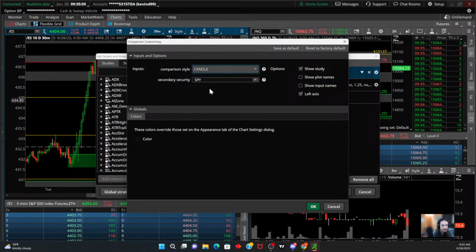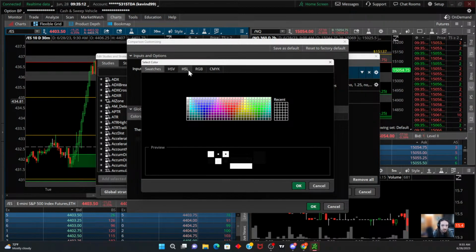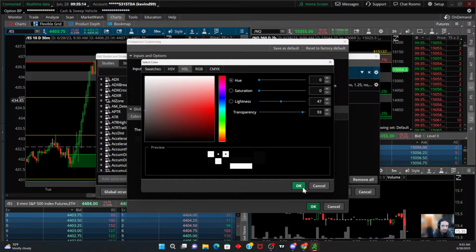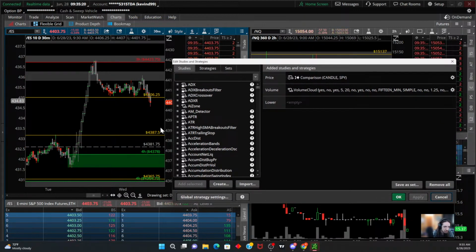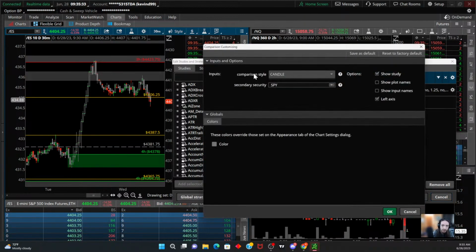So you want it set on candle, on SPY, and you want to make the color a really dark gray and very transparent, because if it's not transparent, we're going to have overlapping candles, and that looks pretty ugly in my opinion. As you see, the candles don't line up exactly, but it gives you an estimate of where that price is on SPY compared to ES.